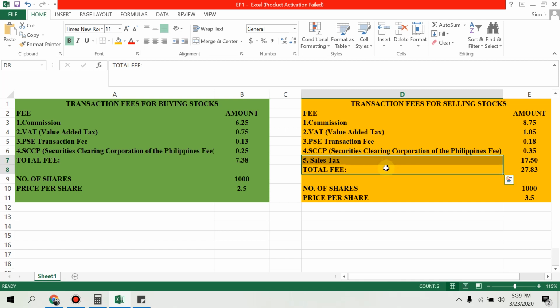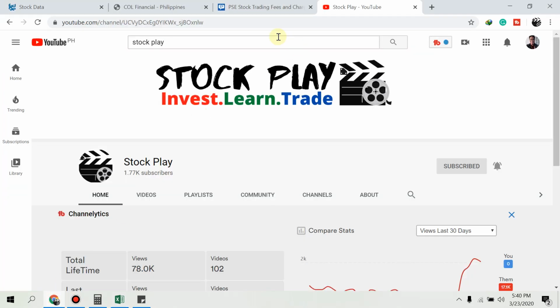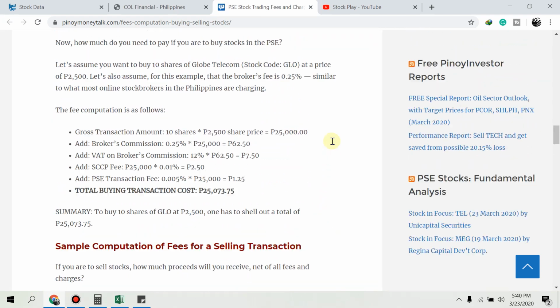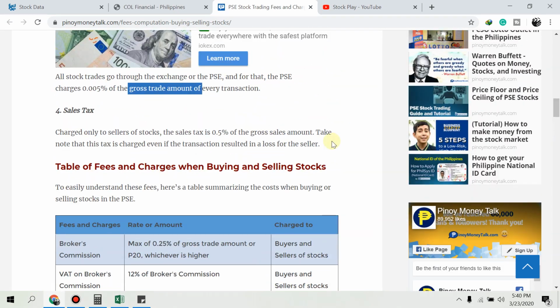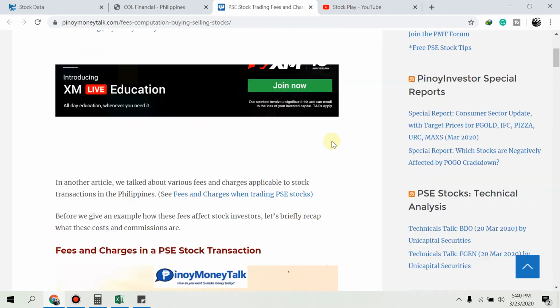So before that, at bago tayo mag-compute, so let's define first yung mga terms na ginamit natin sa mga babayaran natin in buying and in selling stocks. So, okay.